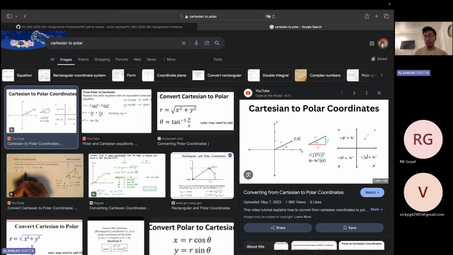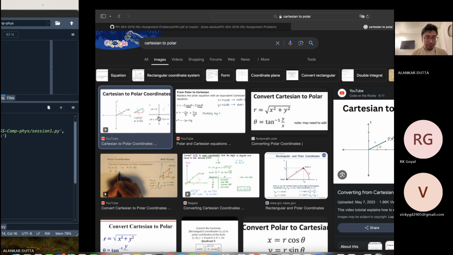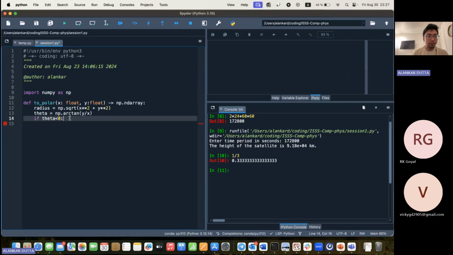Now you have to check what is the sign of x. If the sign of x is positive, then it is in the fourth quadrant. If the sign of x is negative, then it is in the second quadrant. So there will be another if statement in here.